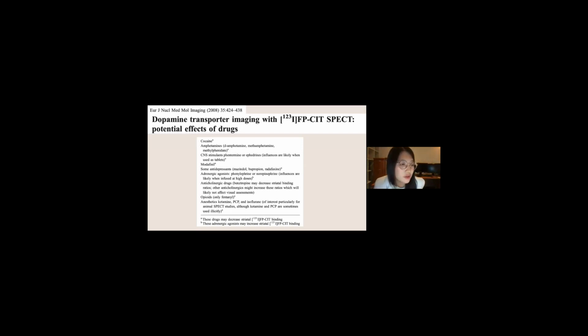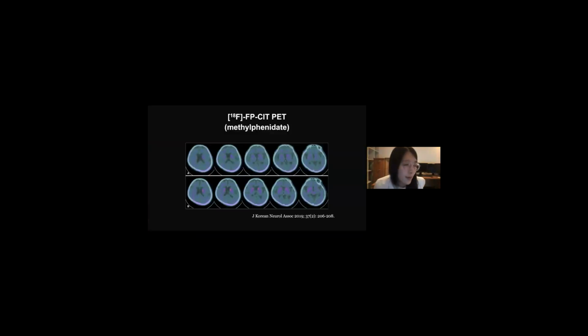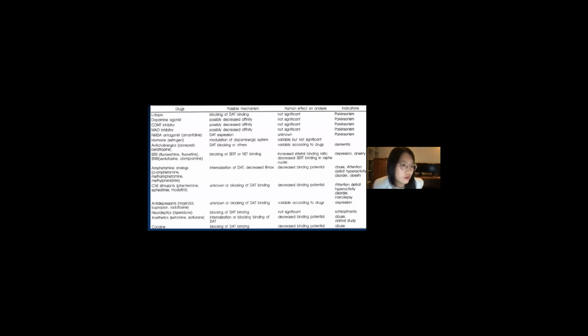This is a list of the drugs which can affect presynaptic dopamine transporter binding. Methylphenidate severely reduces CIT uptake, which will reverse in the follow-up scan if the medication is stopped. However, for routinely used levodopa, dopamine agonists, COMT and MAO inhibitors, you do not have to stop these drugs before the dopamine transporter imaging.